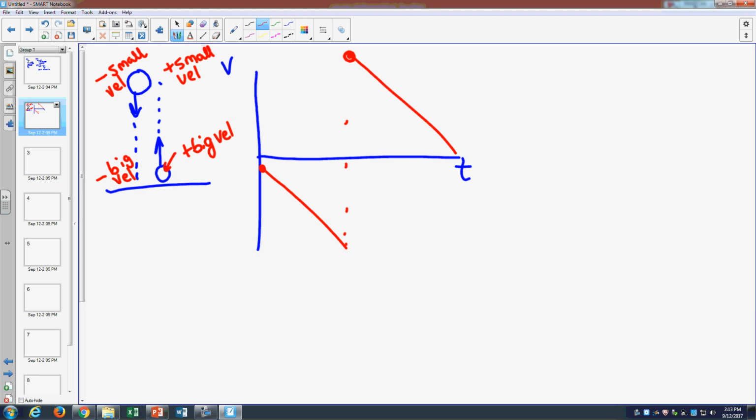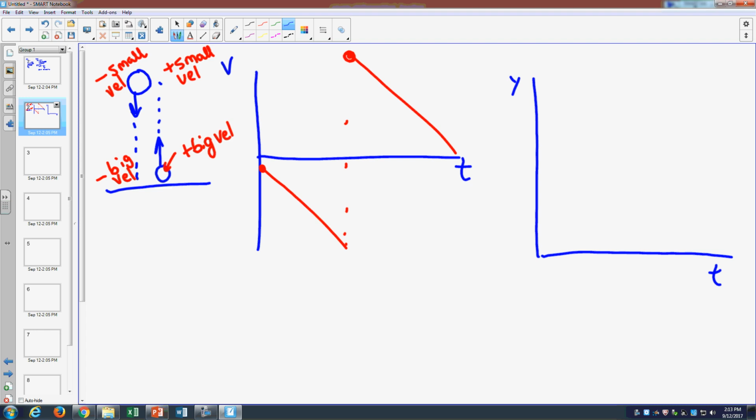Can you take this graph and produce an x versus t graph, or a y versus t graph? Can you do that? That's a little trickier, right? But you do need to know how to do that, because I'll provide you with one graph and you'll have to go from one to the other. But what about the y versus t graph? Okay, well first we want to look at the slope.